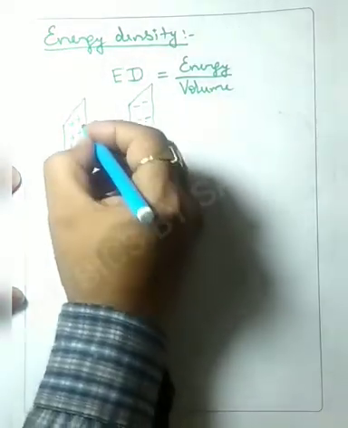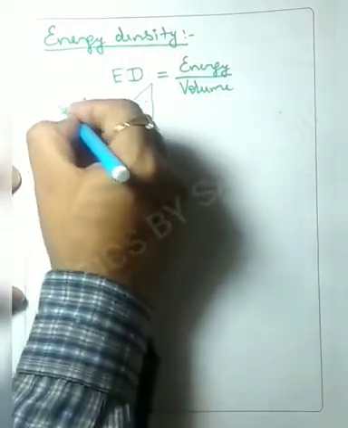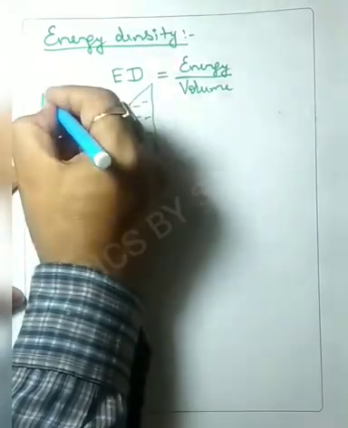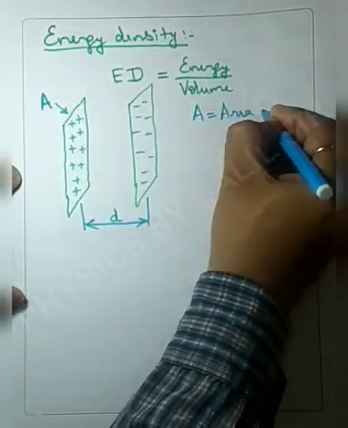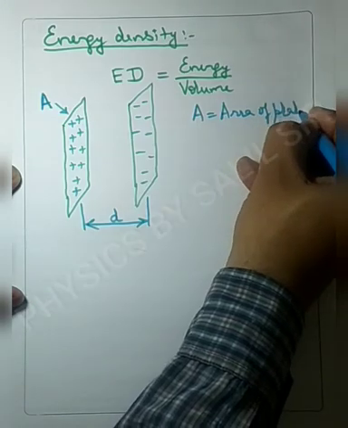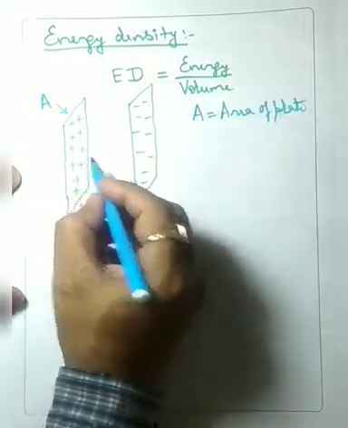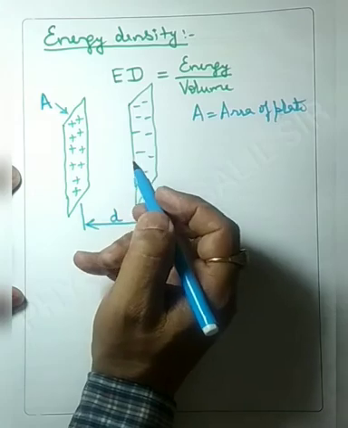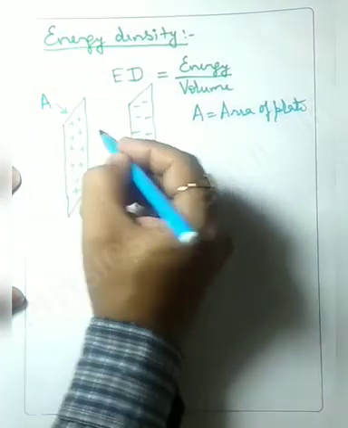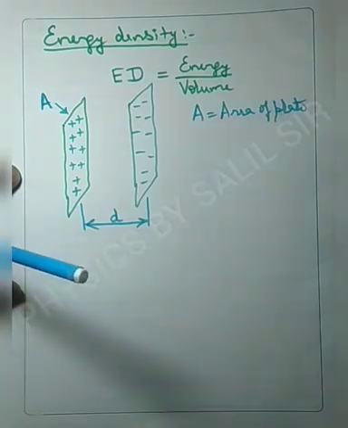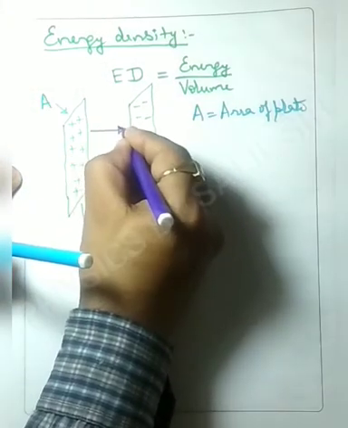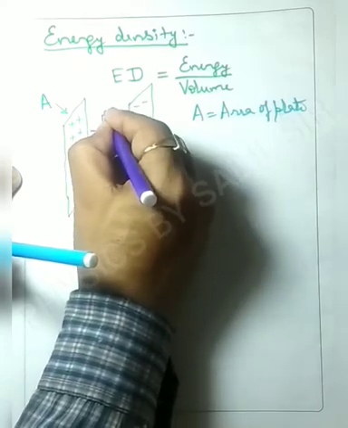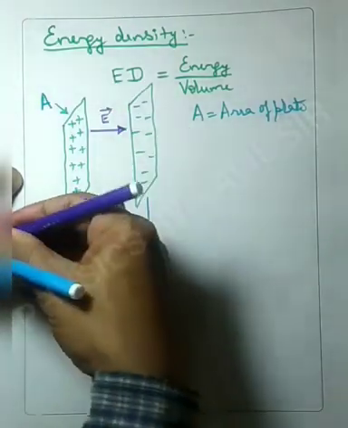The area of each plate is A. And we know that the electric field always flows from positive to negative. So what will be the direction of electric field? The direction of electric field will be from positive to negative. So this will be the direction of electric field.